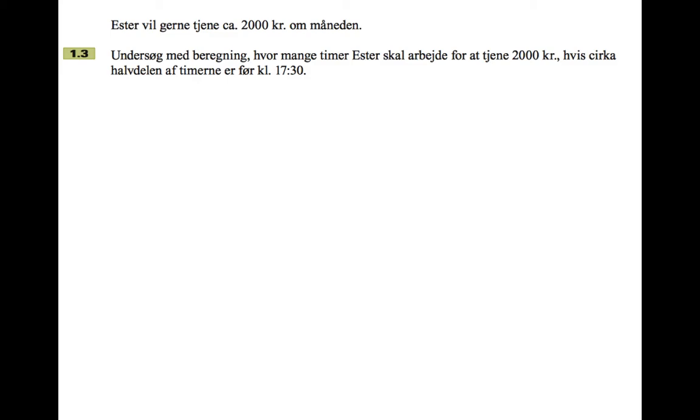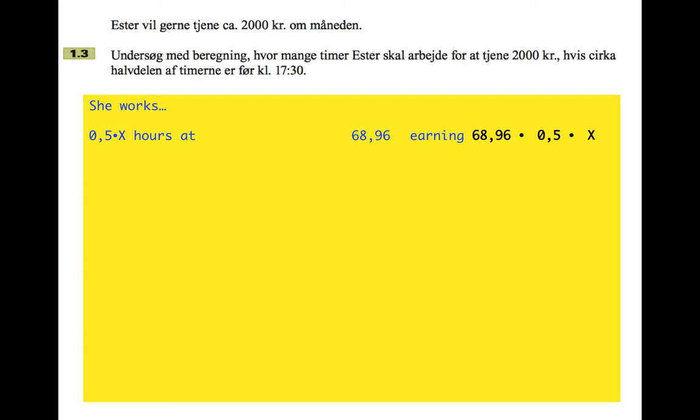Now, I decided to set this up as an algebra question. So I said that she works, let's say she works X hours in total, then she's going to work half of those hours, half X hours at the regular rate, 68.96. So for those hours, she earns 68.96 times a half times X, because it's only half of the hours.